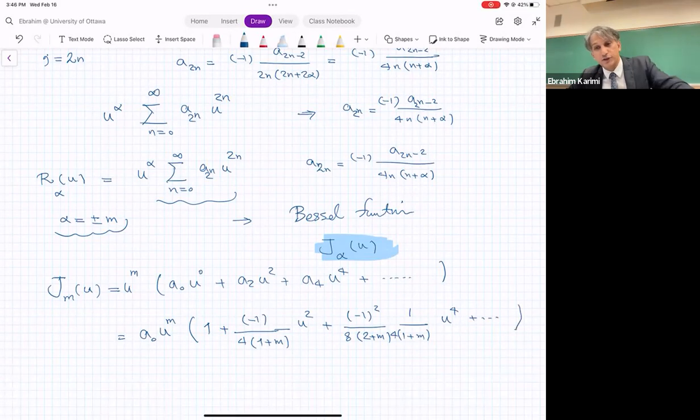This is the Bessel function that you deal with. That is A2, with A0 factored out. That is A4, which is given by A2, and then A2 is expressed in terms of A0. That is the relationship that you will end up with.